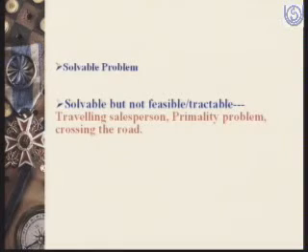Then the next category, please look at the slides: the solvable problems. There are a large number of them. Every day we see that we claim a problem is solved: the billing problem is solved, the railway reservation problems are solved, and so on. But even the problems which are claimed to be solvable can be further categorized into two classes.